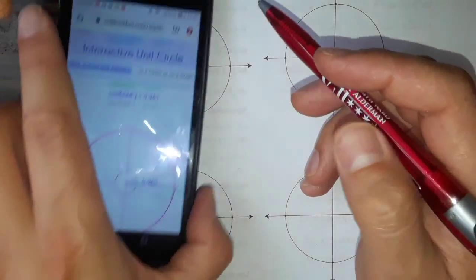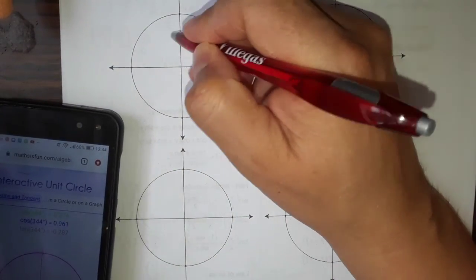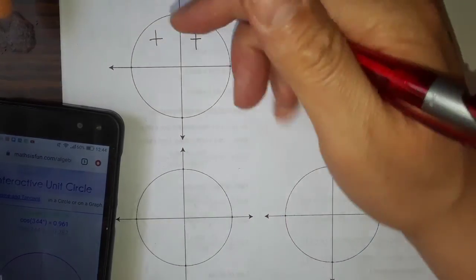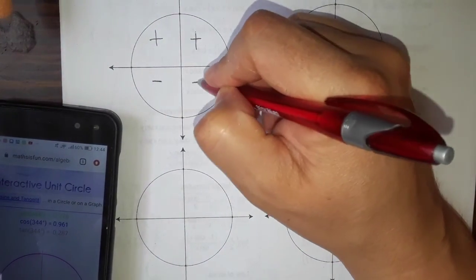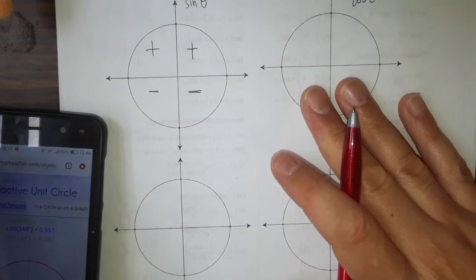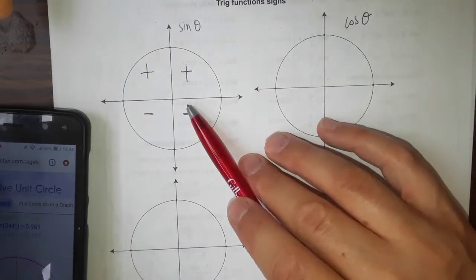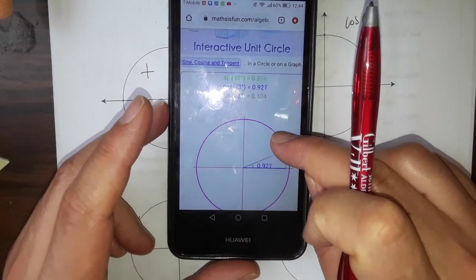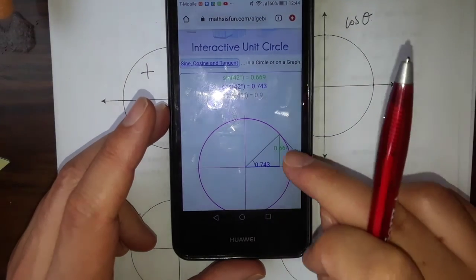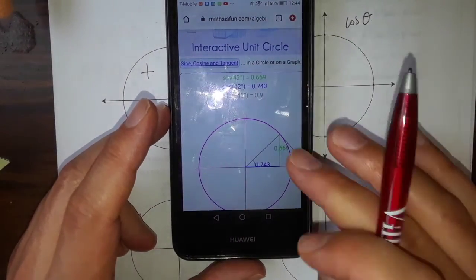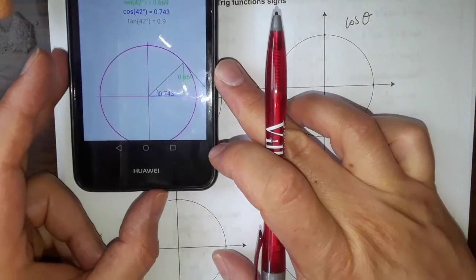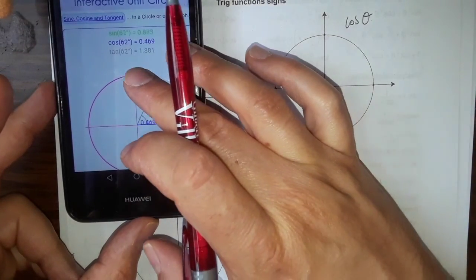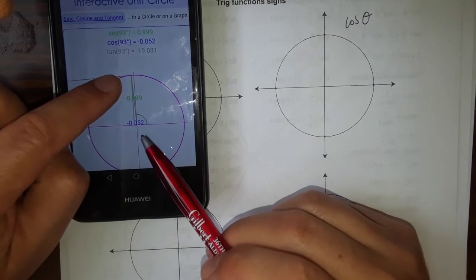So for the sine, it's positive when it's up. It's negative when it's down. While for the cosine, let's look at it. For the cosine, which is this blue line, when I move it to the right, it's positive.